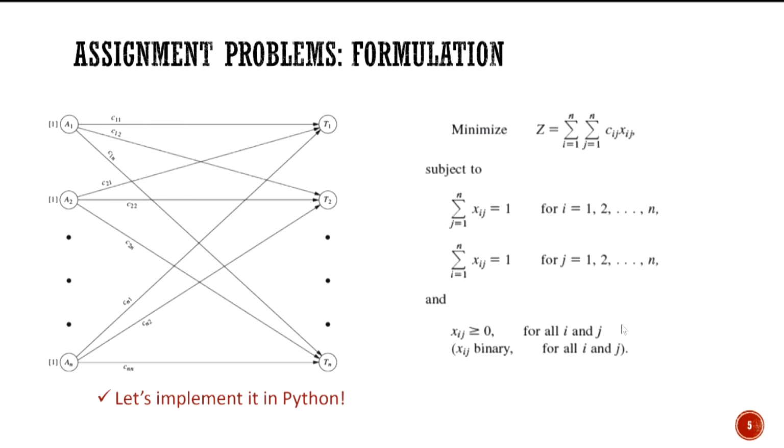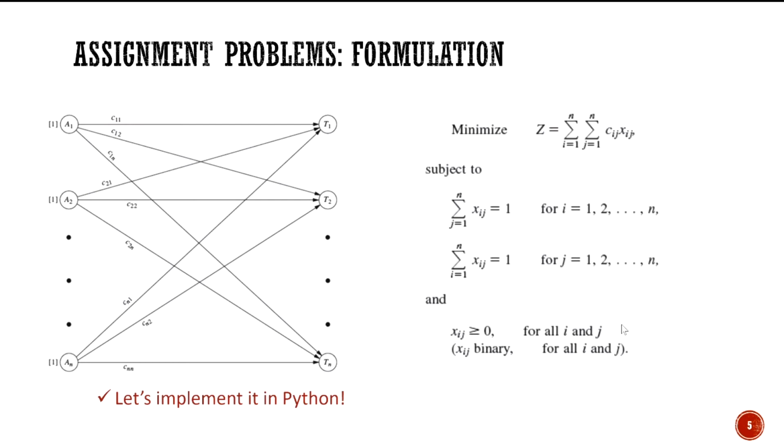So let's look at our decision variables. Here, decision variables are binary. If assignee i is going to perform task j, then the value is 1, otherwise it's 0. If you look at the set of constraints, we have 2 sets of constraints.